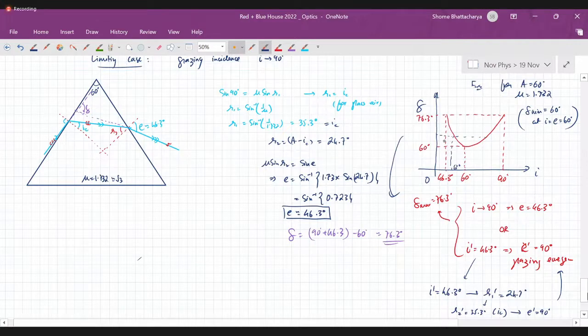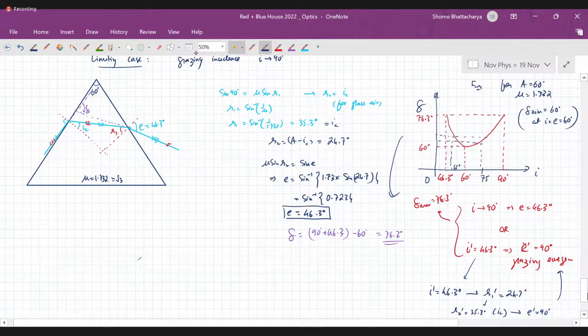Or if you take something else like 47 degrees or 50 degrees, or maybe 75 degrees, you'll get some different value of delta, but it will always be between the maximum and the minimum. So anyway, this is a very simple thing, but the calculation involves a bit of painstaking work, so it takes time to understand this. Okay.